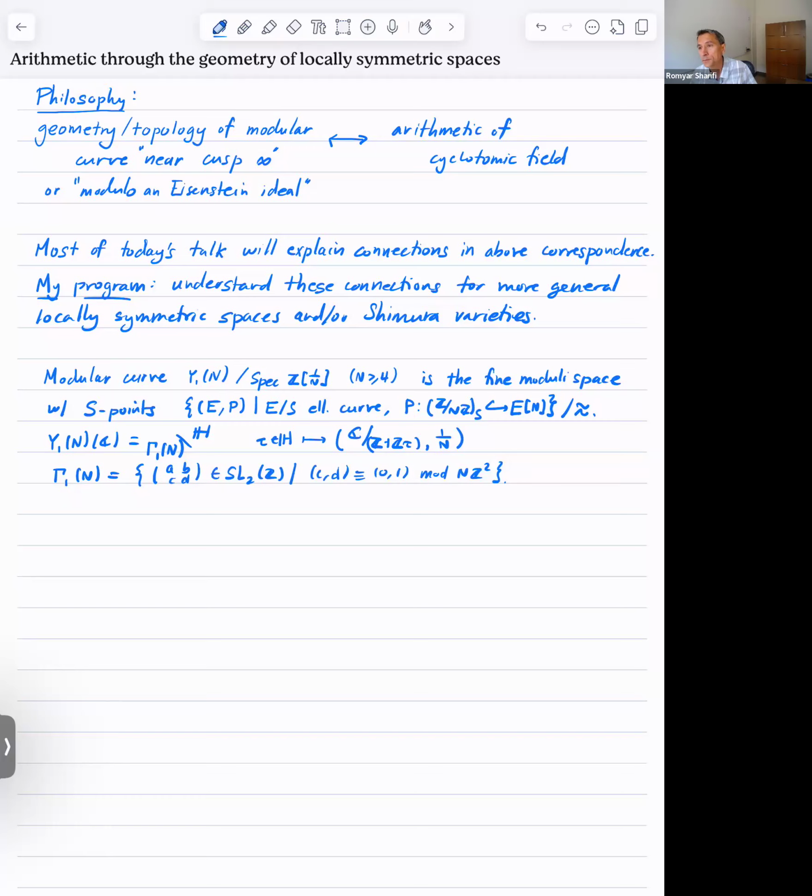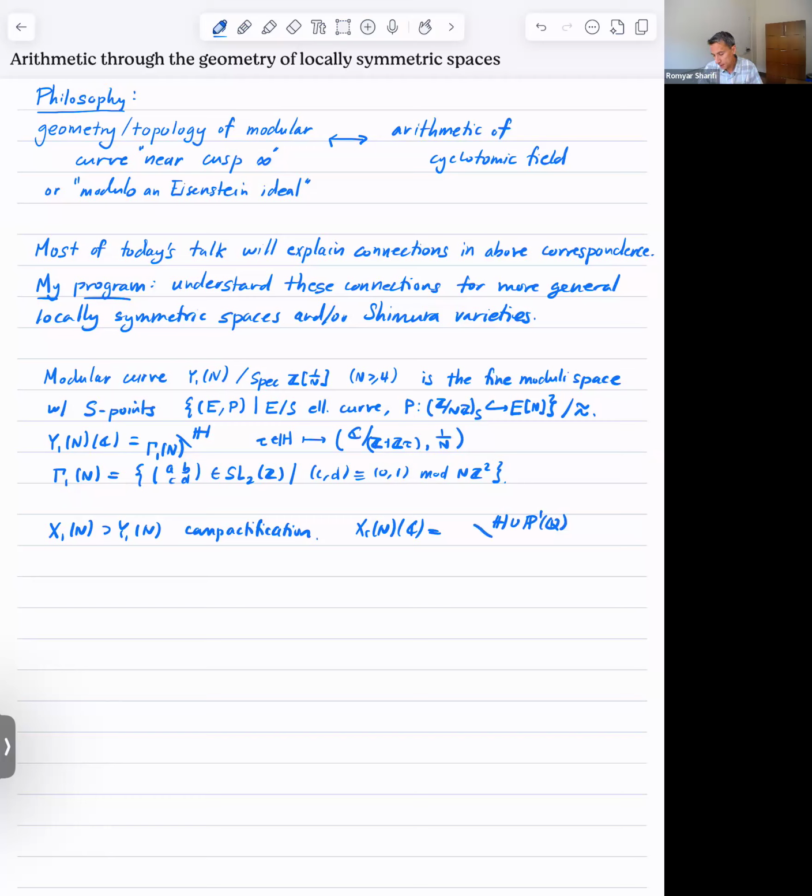The modular curve has a compactification, which over C is given by adding in the cusps. So X1(N), the minimal compactification, has C-points obtained by extending by the cusps.